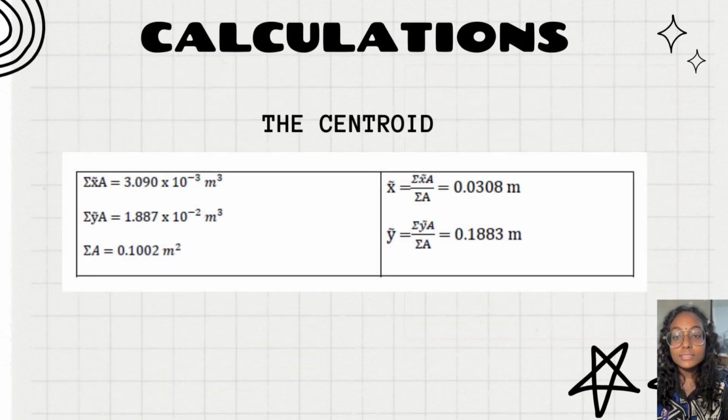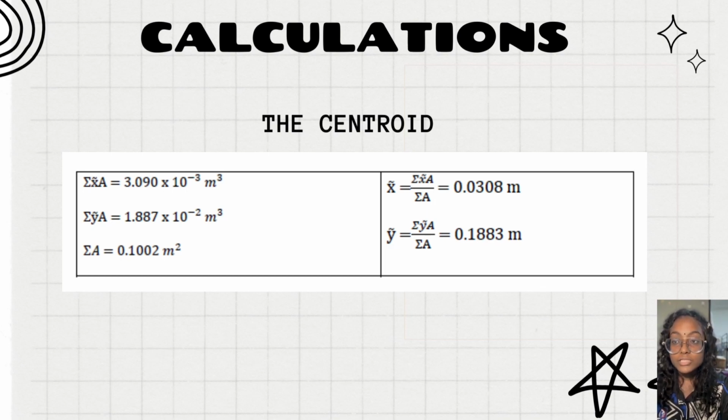We have calculated the summation of the area times the center of gravity on the x-axis, which equals 3.090 times 10 to the power of negative 3 meter cube, and on the y-axis, which equals 1.887 times 10 to the power of negative 2 meter cube.